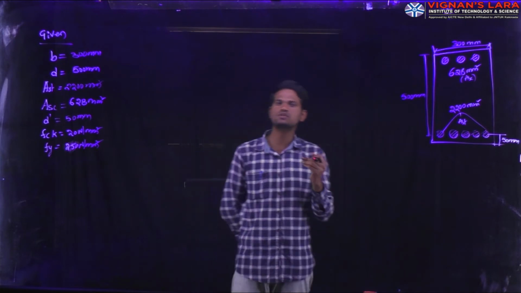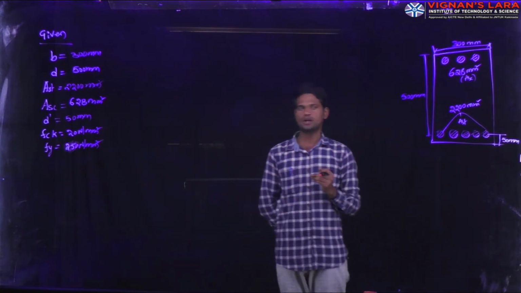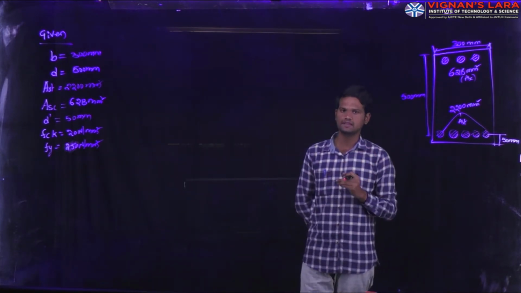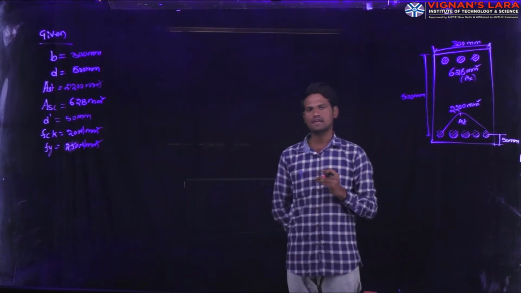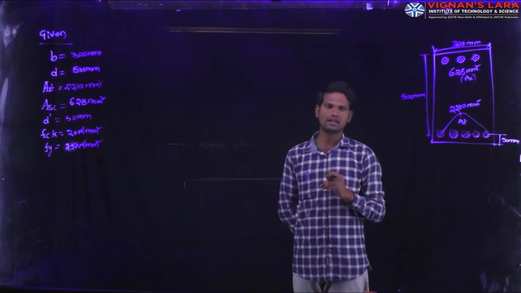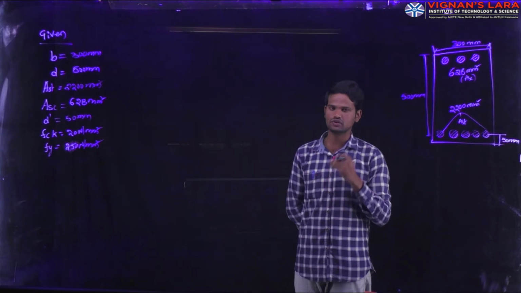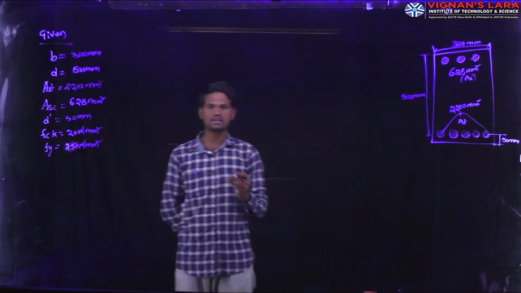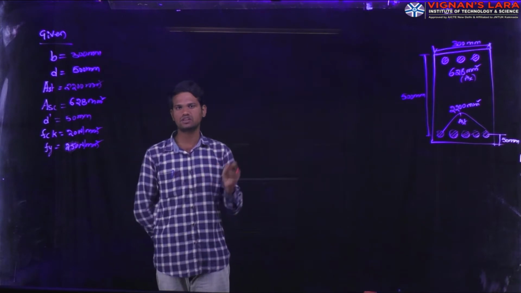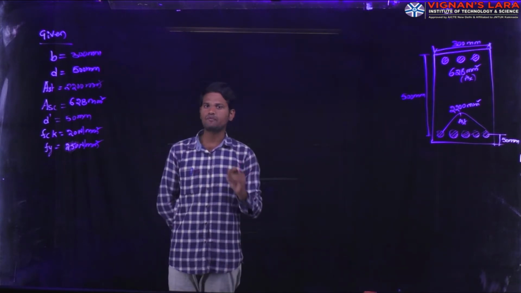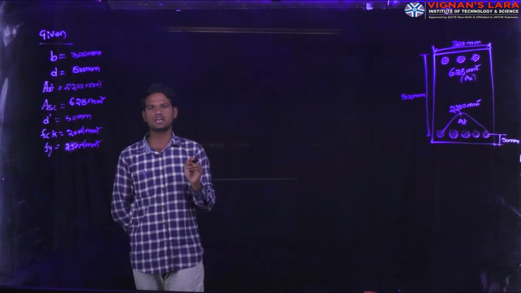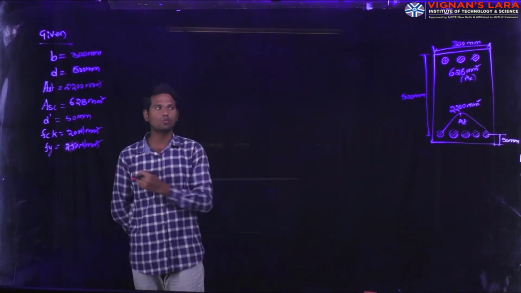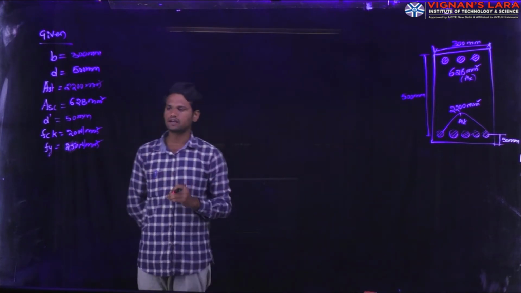The same procedure we are adopting for this problem also. First we have to calculate the limiting depth of the neutral axis. Later we have to calculate the actual depth of the neutral axis based on comparison of the section. The section is either a balanced section, under reinforced section, or over reinforced section. After comparison of the sections, we have to calculate the moment of resistance for this particular beam.